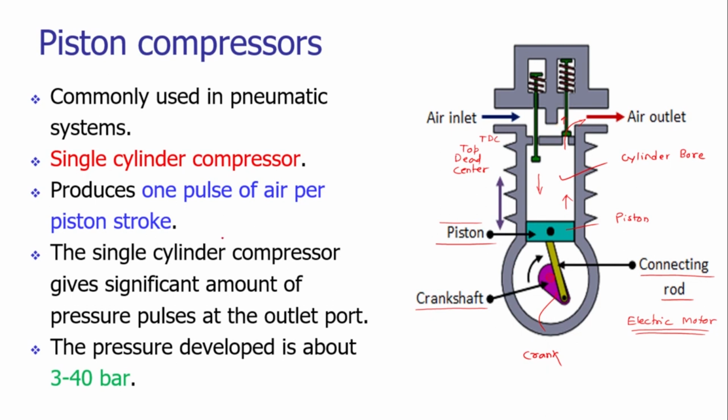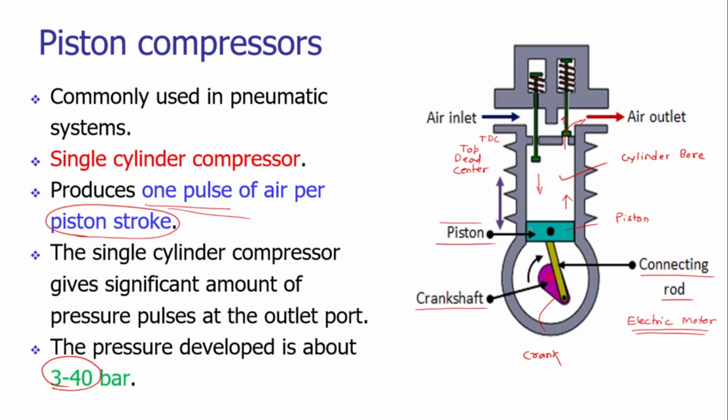So basically the piston compressors are generating piston strokes which are generating the air per pulse. These types of cylinders are manufacturing compressed air within the range of 3 to 40 bars.